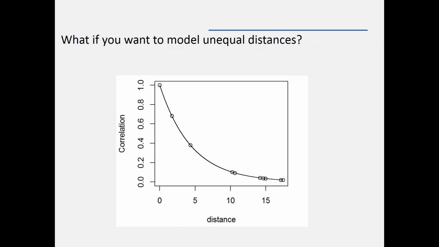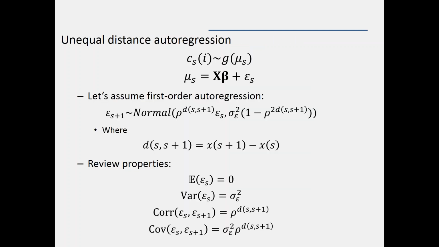Here I'm extending this, saying that the correlation rho is to the power of the distance between locations. We'll see that this is identical to an exponential correlation function.